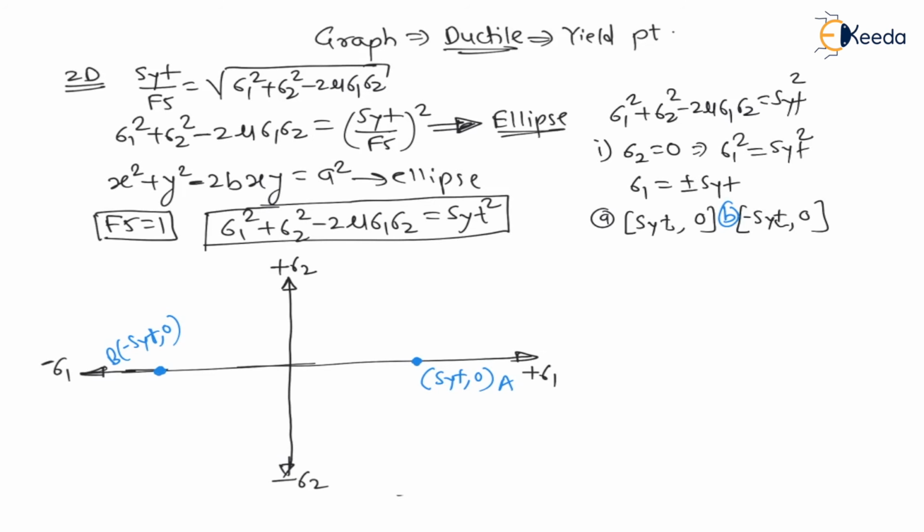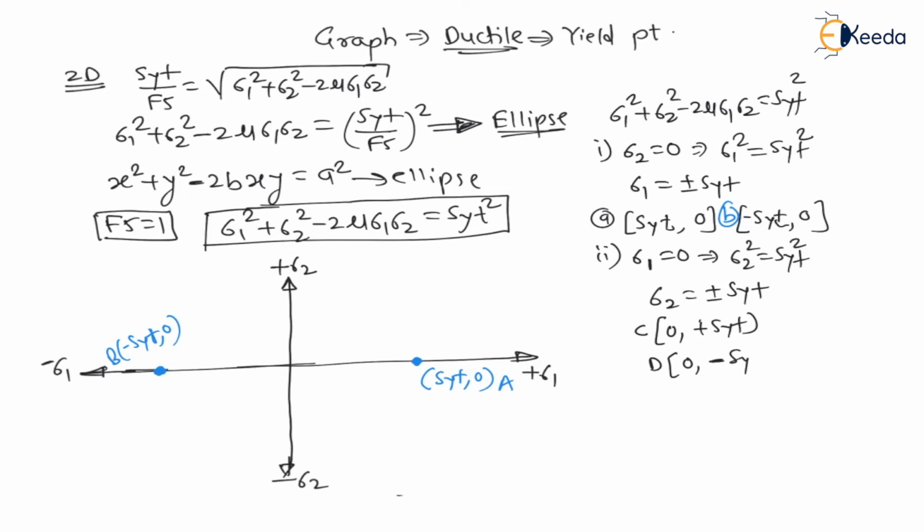Now again, in the above equation, if I put sigma 1 equal to 0, then the equation becomes sigma 2 square is equal to SYT square. Therefore, sigma 2 is equal to plus or minus SYT. So what will be the coordinates? Point C, sigma 1 is 0 and sigma 2 is plus SYT, and point D, sigma 1 is 0 and sigma 2 is minus SYT.